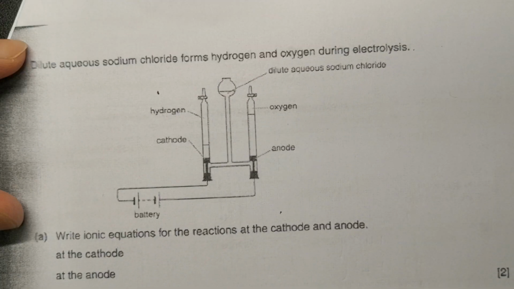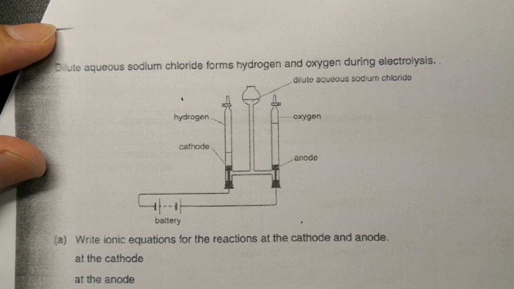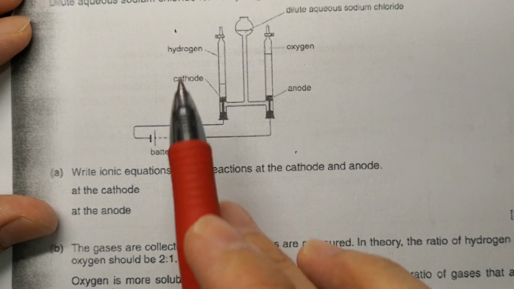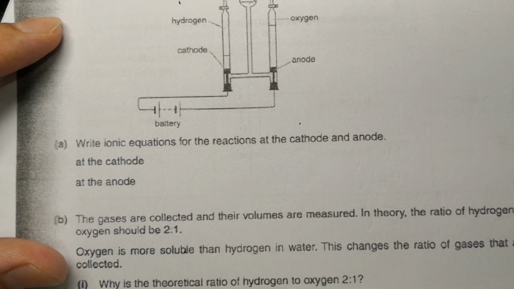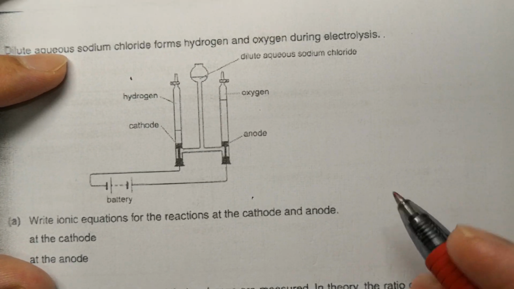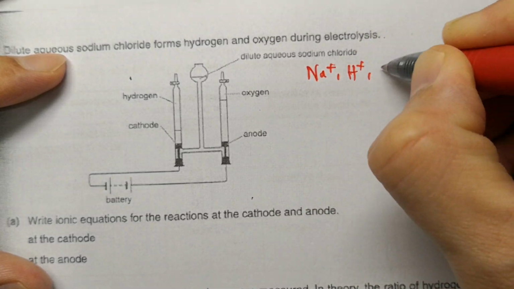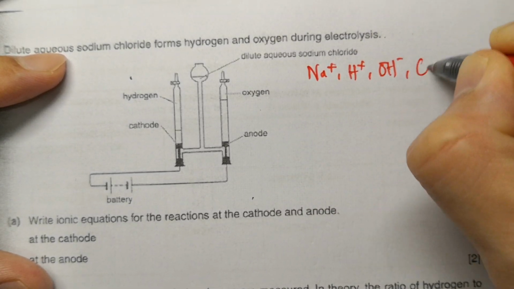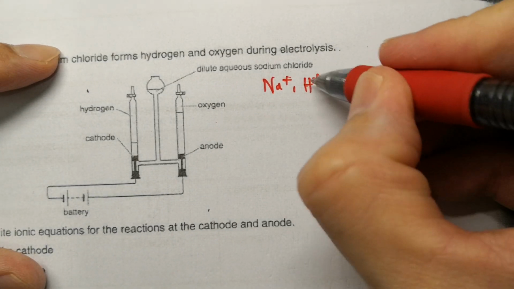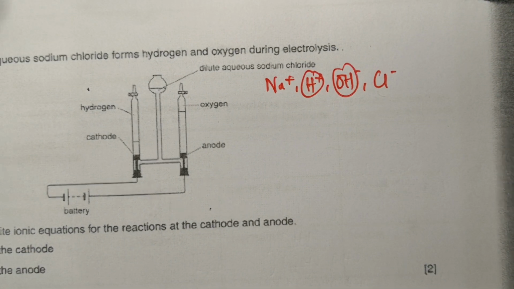Okay, let's look at the next question. The next question is aqueous sodium chloride forms hydrogen and oxygen during electrolysis. So you have oxygen and hydrogen, and the electrolyte is aqueous sodium chloride. In aqueous sodium chloride, you have Na+, H+, OH-, Cl-. So what will discharge is actually hydrogen and hydroxide ions.